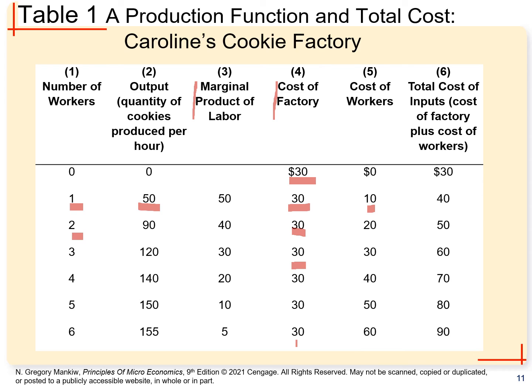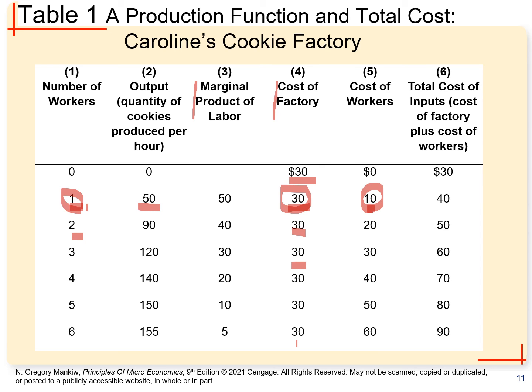Okay. The total cost of input that the factory uses is in the last column. Let's say you have $30, your fixed cost. You pay one laborer $10, you only had one laborer, right?